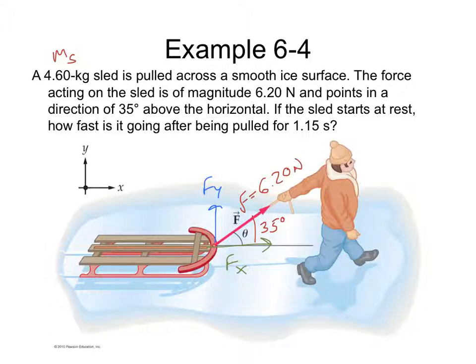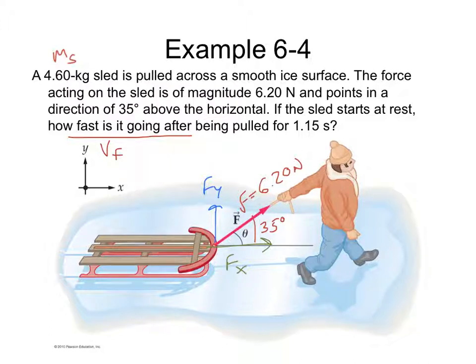You might think, okay, we've got a force and we've got a mass. Must be asking us for acceleration, but it is not. It is asking us for how fast is it going after a certain amount of time. What that's really saying is, what is the final velocity of this sled right here?